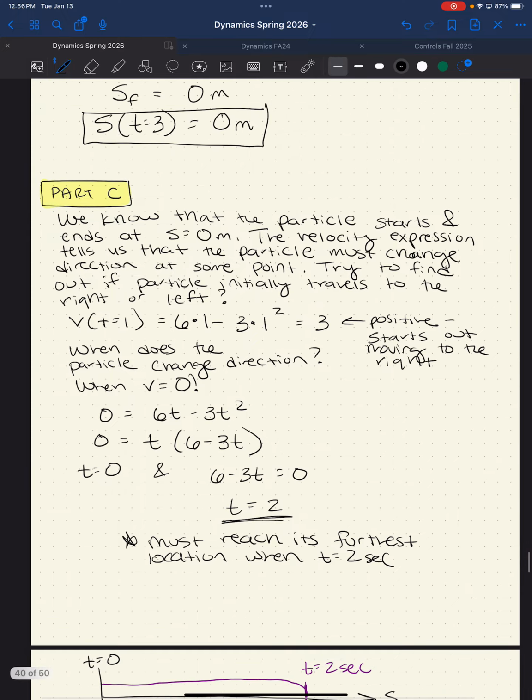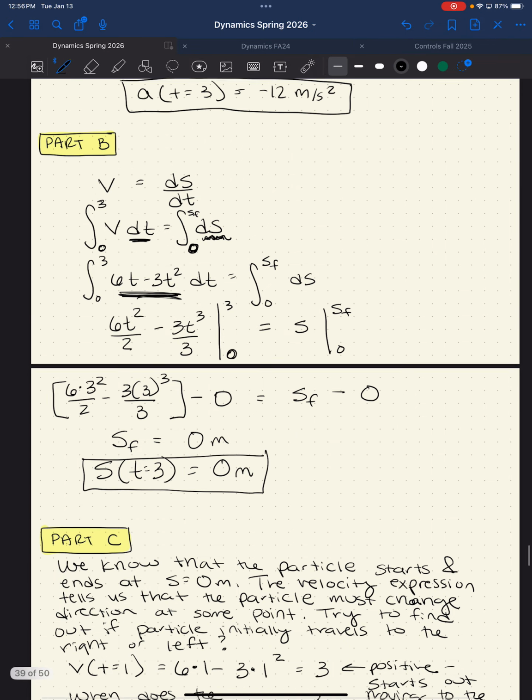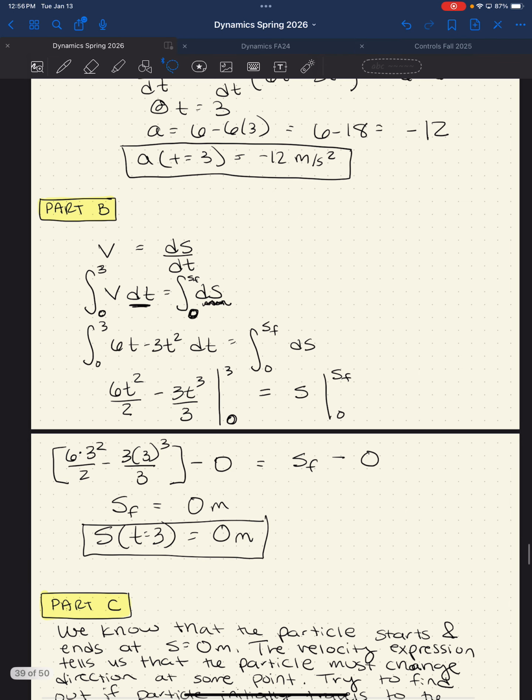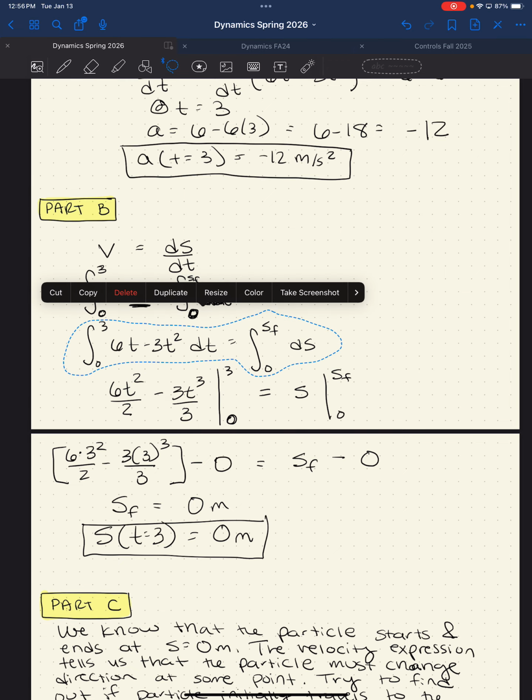If I go back to my position expression up here from part B, I can actually save some work. I can grab this line here and just change my bound of integration. Instead of going to t equals... oh wait, that's velocity. Is that velocity? No, that's right. Yeah, that's right.